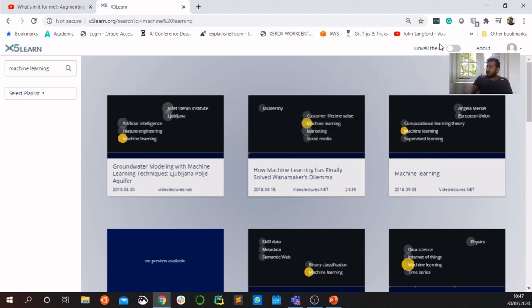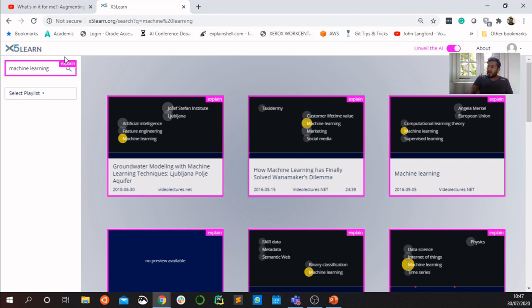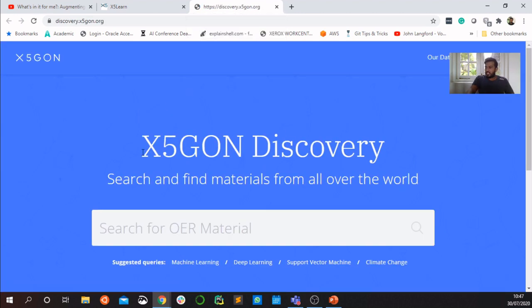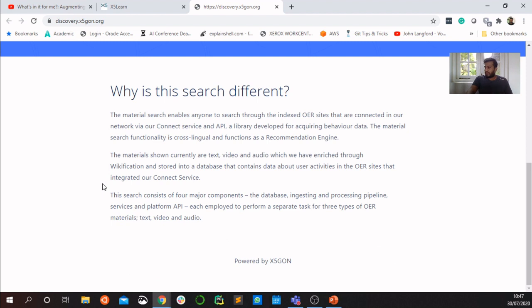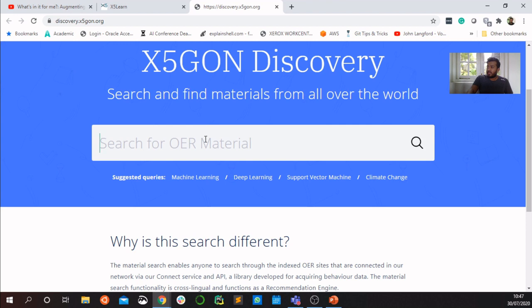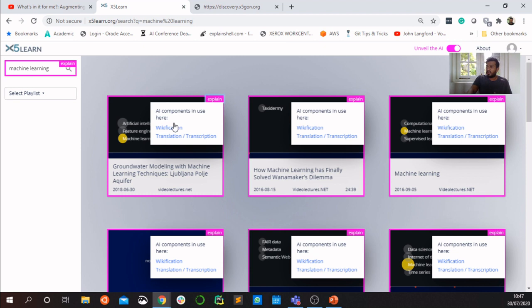And here I was talking about this unveil the AI switch, where when you turn it on, what happens is you get these highlighted parts where you can click on one and it will give you the AI components that are being used in this section of the system. And when you click on that, it will link you to a separate page where you see an explanation about the AI technology, and you can also demonstrate, or you can try this AI technology out by itself.